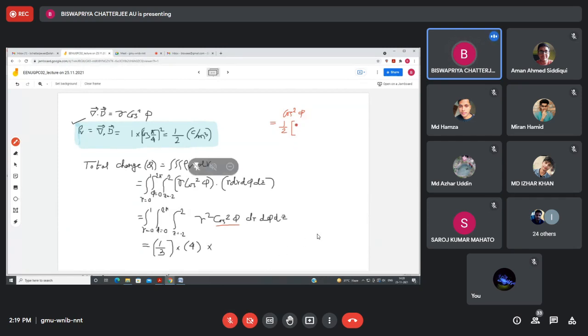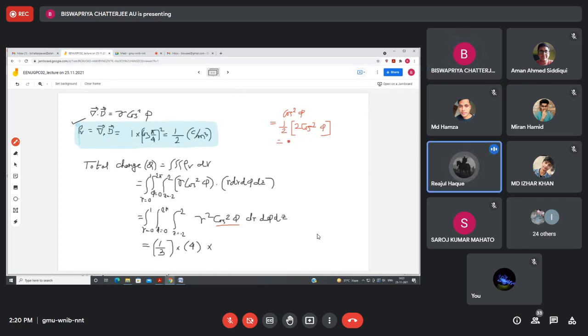So can anybody tell me what 2 cos square phi means? 1 plus cos 2 phi.